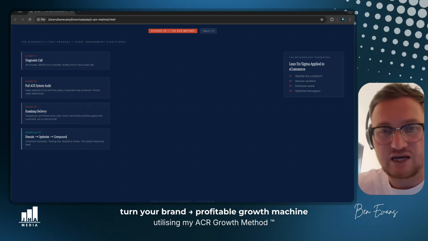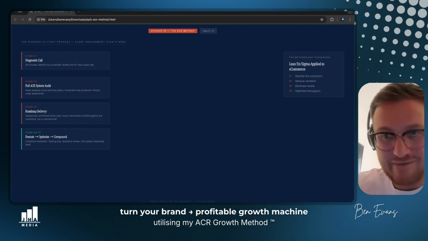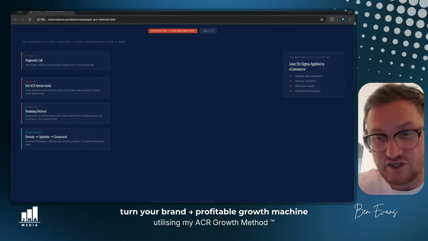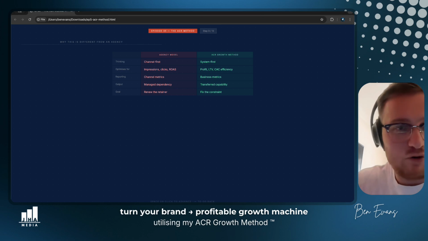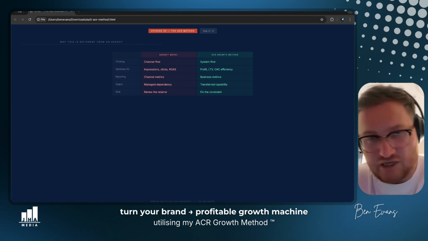It's all around identification of a constraint, reduction of variation, eliminating waste, and optimizing the throughput. Those fundamental pillars are gravely different to anything any other agency does, which is why we get the results we get. Now, what is different from a typical agency?